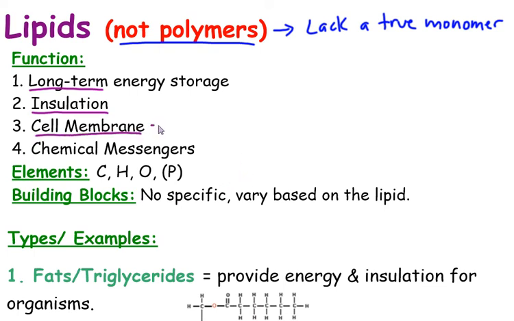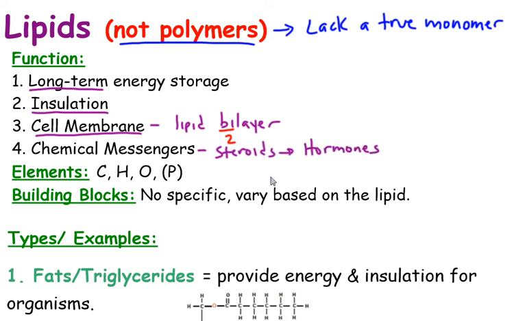The cell membrane is known as the lipid bilayer. What that means is there are two layers of lipids that form each cell membrane. And then chemical messengers, these are going to be your steroids, which are also your hormones.